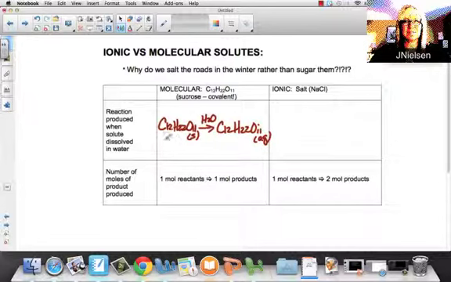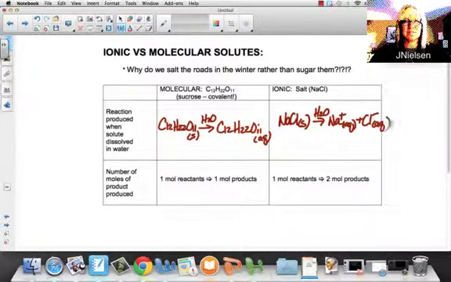So you have 1 mole of reactants and 1 mole of products. It doesn't dissociate. If we take NaCl solid, as I showed you earlier, and we put it in water, you get Na plus aqueous and Cl minus aqueous. So you have 1 mole of reactants and 2 moles of product.